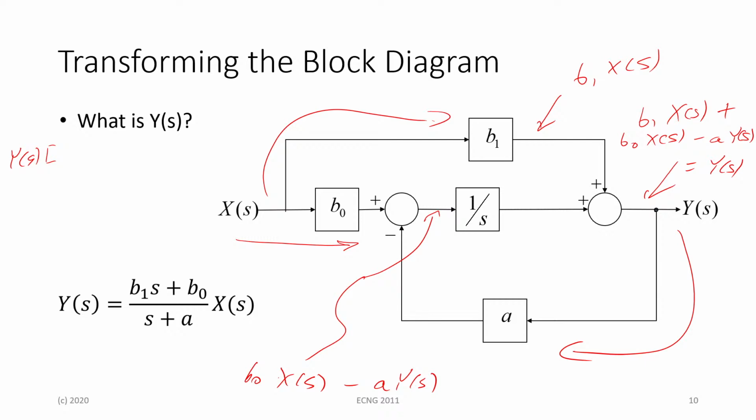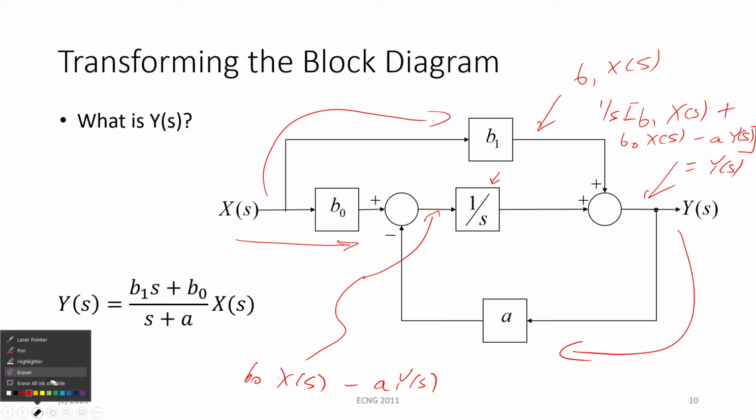Oh wait, I forgot to factor in something. So our equation here being b1 x of s plus b0 x of s minus a y of s is going to be all multiplied by 1 on s, because we have to factor in this block here.